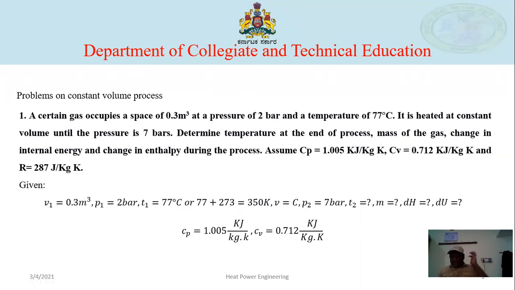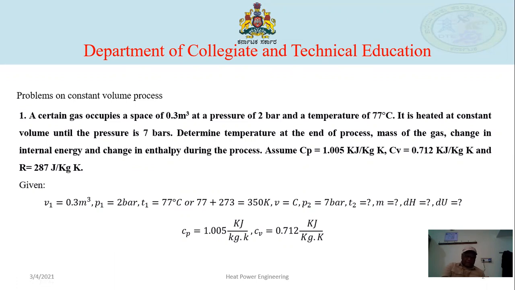Here, the mass is not given, but the volume is given, so volume has to be converted into the mass. Then the change in internal energy. Assume Cp, the specific heat at constant pressure, and Cv, the specific heat at constant volume, and take R, the gas constant, as 287 joules per kg Kelvin. These are all the data given.